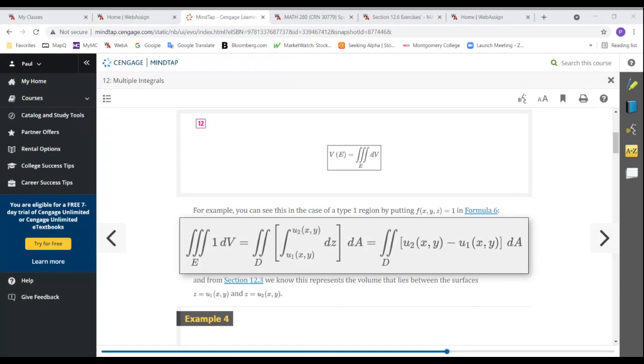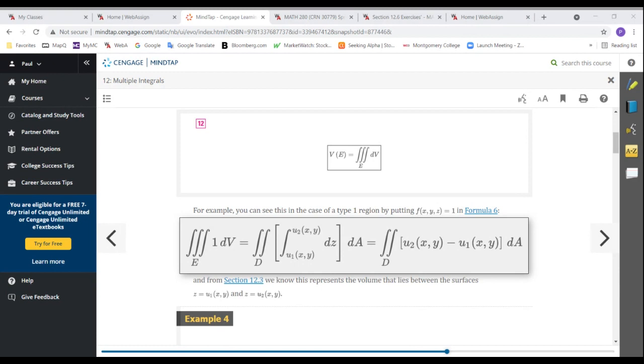And now it's a double integral, where the integrand is the difference of the top and bottom surface. And recall the ice cream cone. We had a difference of double integrals, and this should help you connect the idea that we can use a triple integral to get a volume.